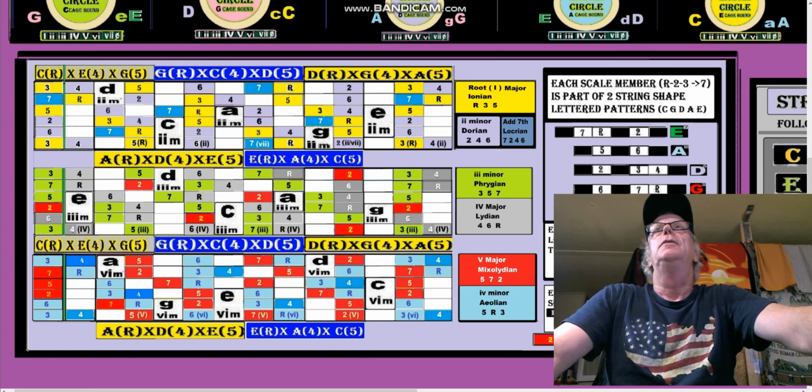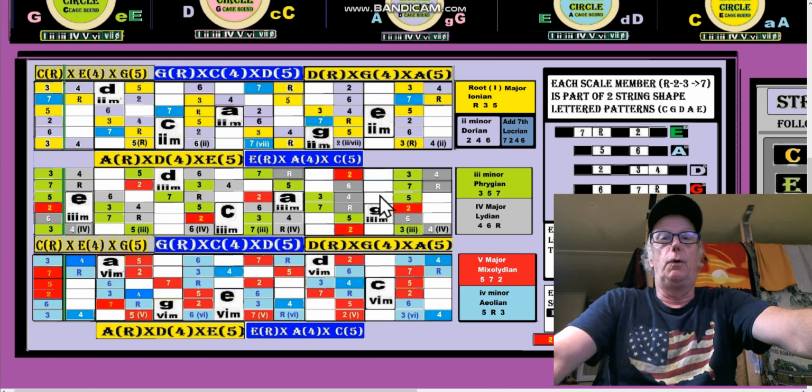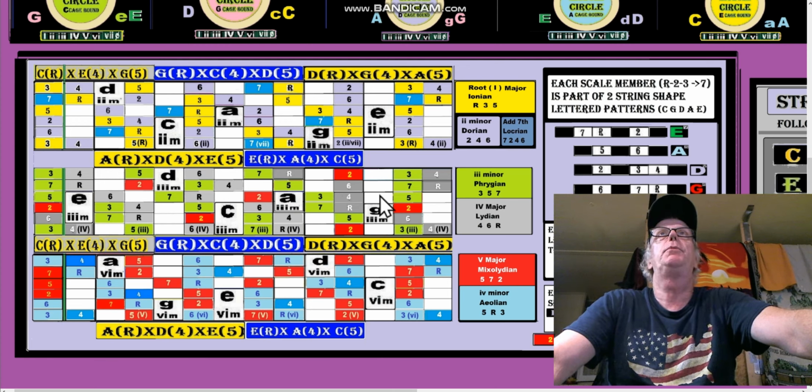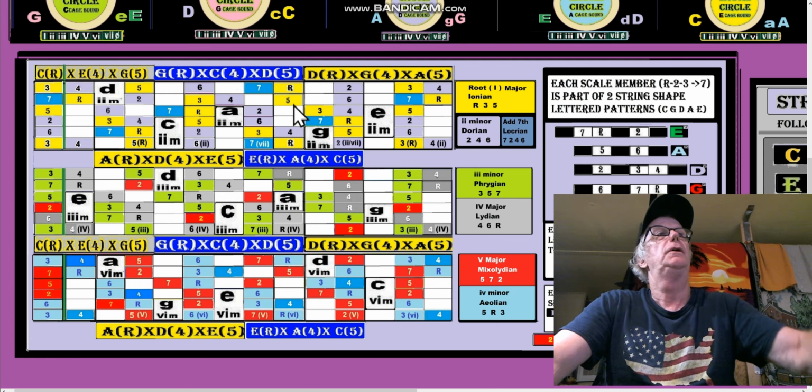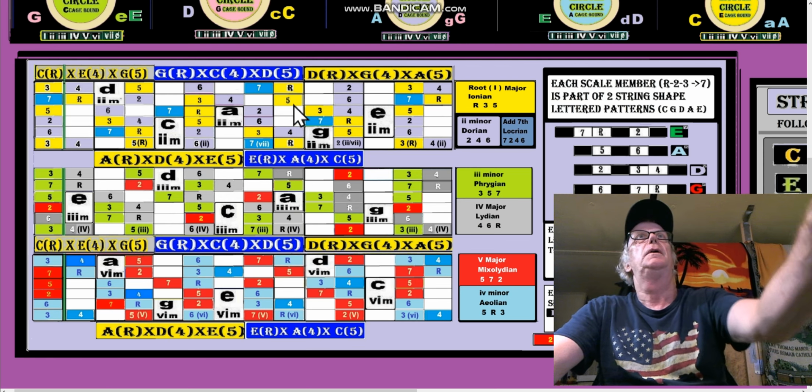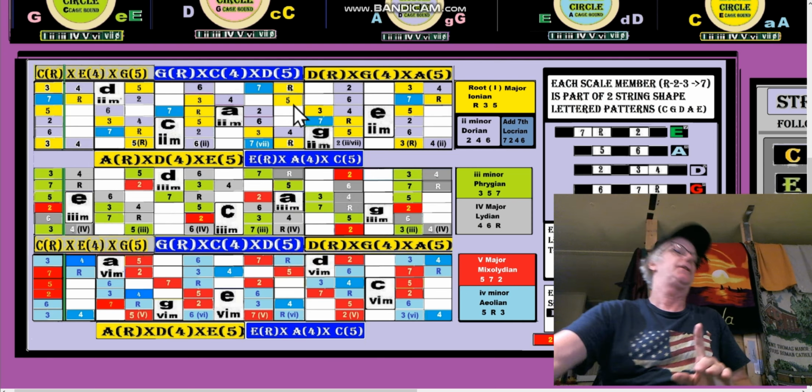Okay, this is what we had before, and today's fretboard is different. We had the root Ionian yellow with the Dorian on the same fretboard, because the purple does not share any notes with the yellow. But remember, they're just triads.